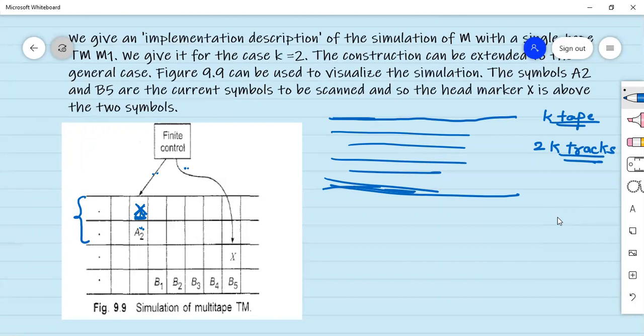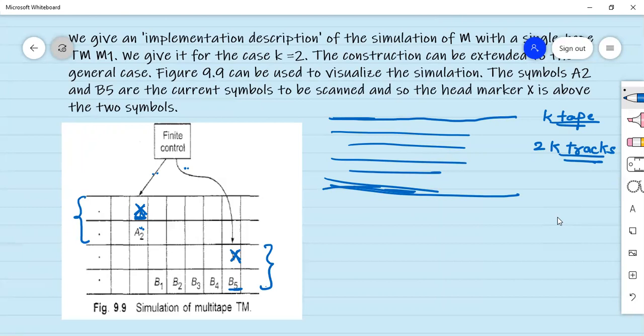Similarly, in these two tracks, B5 is under investigation and you also have a marker called X. So this X will simulate multiple read and write heads. Though we have only one read and write head in the single tape, this X is showing us that X is simulating the multiple read and write heads. So I hope this is clear.